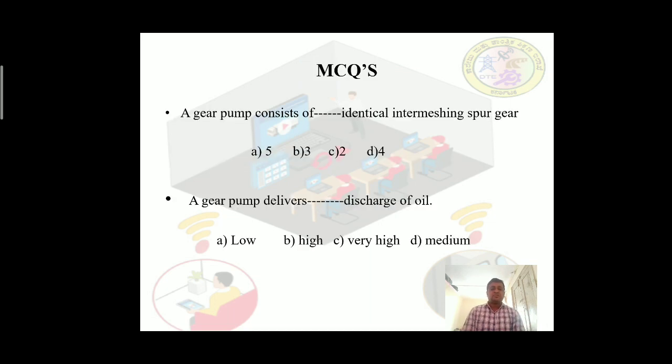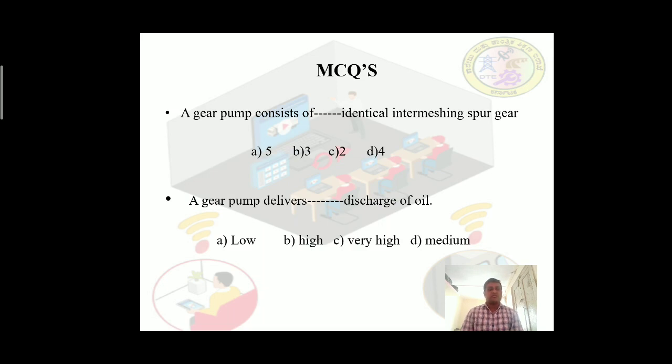Coming to the multiple choice questions in this session, the first one: a gear pump consists of dash identical intermeshing spur gears. We already discussed that the external gear pump consists of only two identical intermeshing spur gears. Understood? The second one: a gear pump delivers dash discharge of oil.